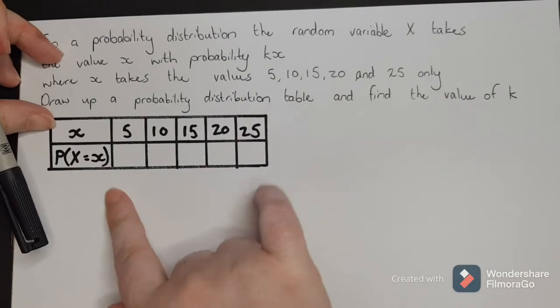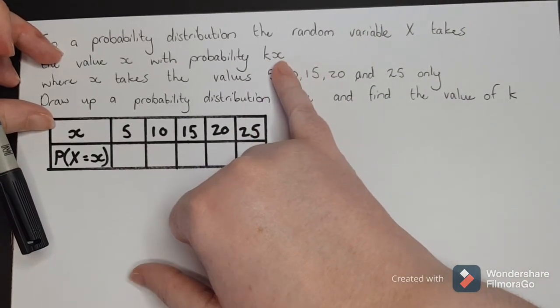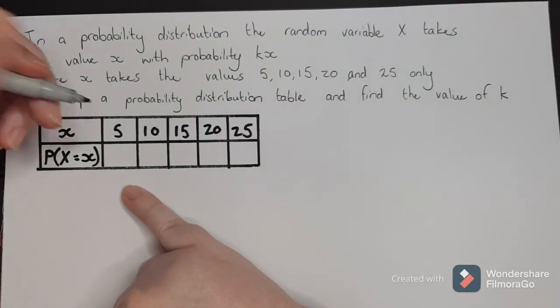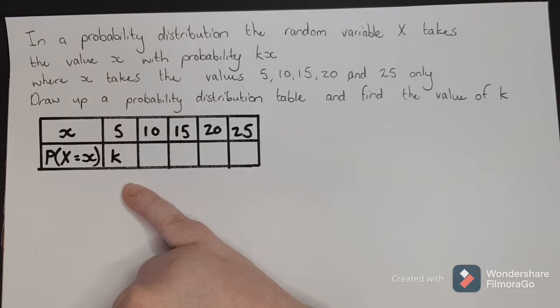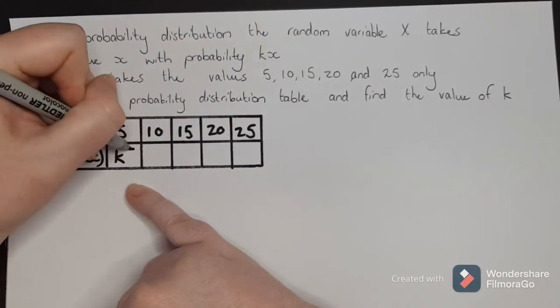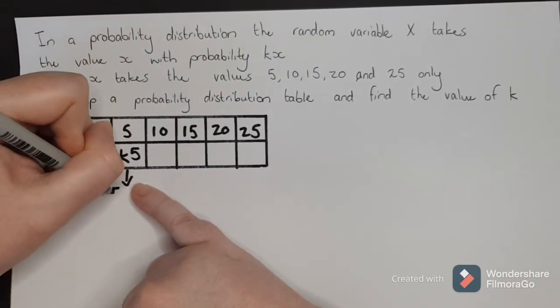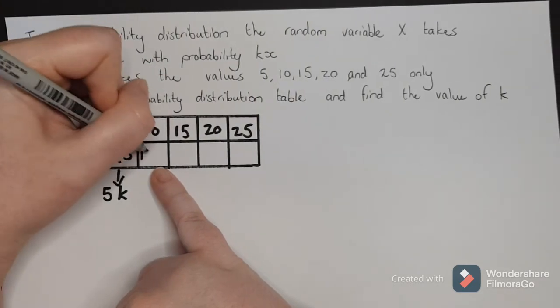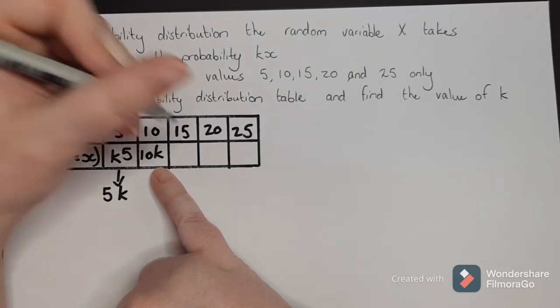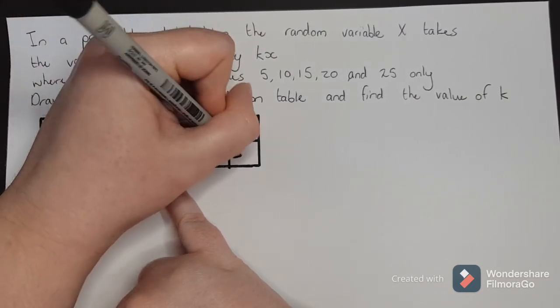So now the probability is going to be k times that x value, which means the probability here is k, and then the small x was 5. So that. And another way of saying that is just 5k. The same then applies for 10, 15, 20, and 25.